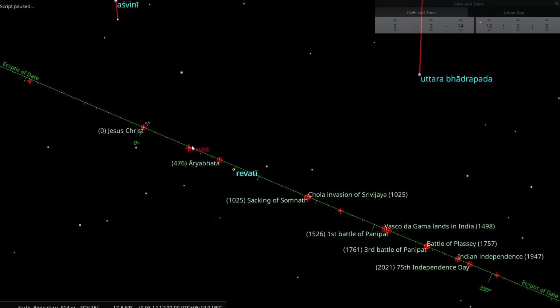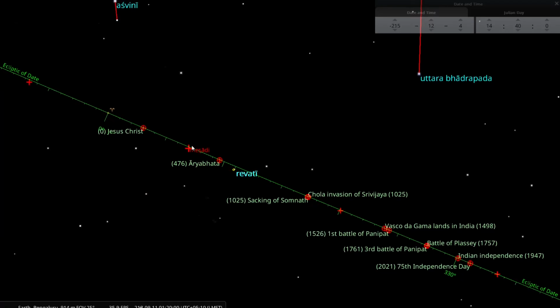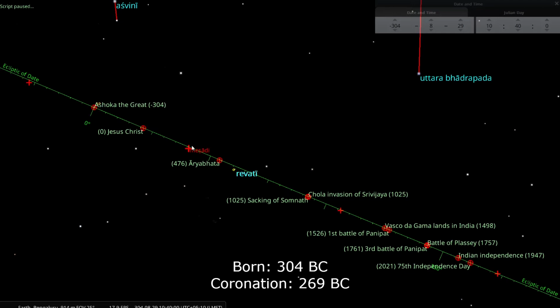So first we come to the period of Jesus Christ, which is the epochal point for the Christian calendar, and this is the calendar we use for our civil life every day. Now I go beyond this. As I said, we reach the limits of the historical period of India when we hit the period of Ashoka the Great, 304 BC, that is minus 304, the minus indicates before the period of Christ.